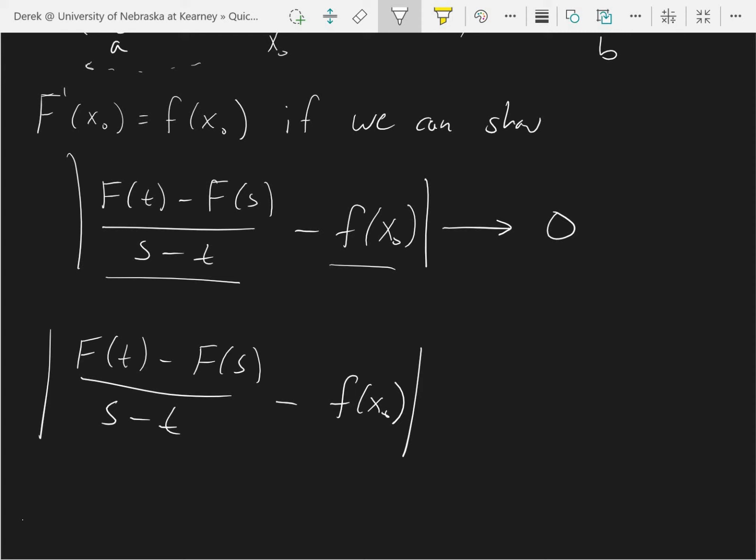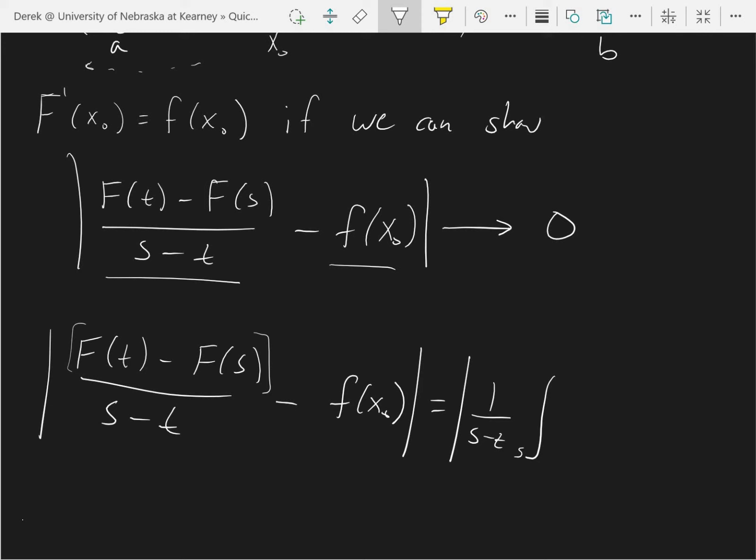Okay, this is equal to the absolute value of 1 over t minus s times the integral. Well, I've got this top part here, this integral. This would be the integral from a to t minus a to s, but we've already seen how that works.